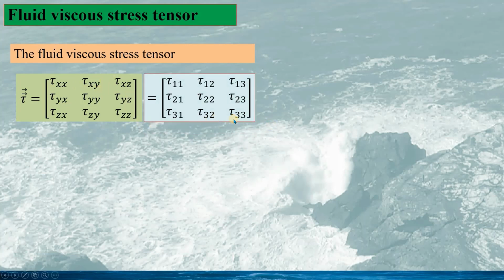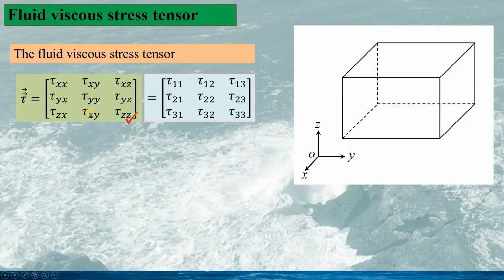In some textbooks, this matrix or tensor can be written like this. Here, the subscript 1 is equivalent to x, the subscript 2 is equivalent to y, and 3 to z. But in my talk, I will use the first expression for the viscous stress tensor.